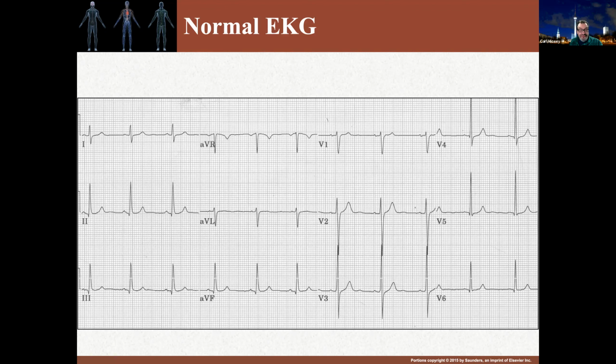And this delay is essential because it ensures proper movement of the blood and proper volume of the blood. Due to this delay, effectively the atria can contract, squeezing that last 20% or so of blood into the ventricle. And then the ventricles can contract.